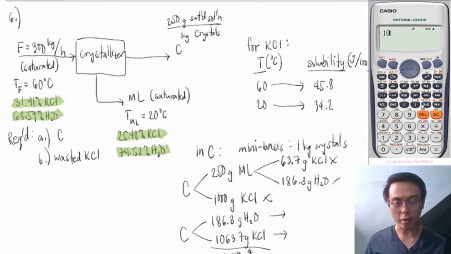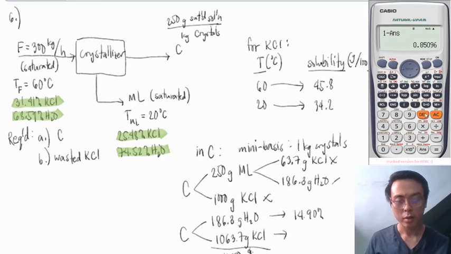Okay, now we can solve for the mass percentage. So 186.3 grams of water divided by 1250 grams total mass. The mass percentage of water in the crystals is 14.90%. And then to get the balance, you get the mass percent of KCl. That is 85.1 or 85.10%.